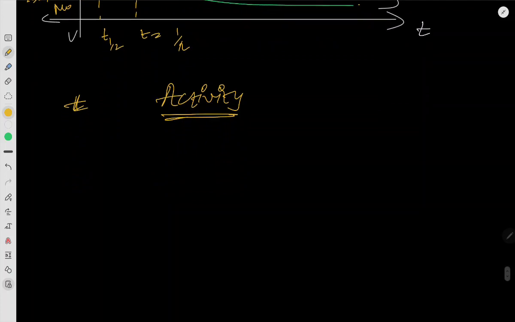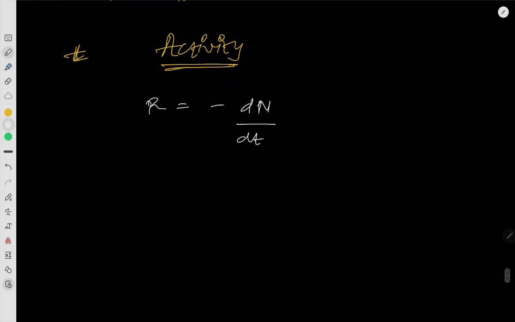Let us understand what activity is. So activity, I'm denoting by R, is minus of dN by dt. R being the activity is proportional to minus dN by dt.